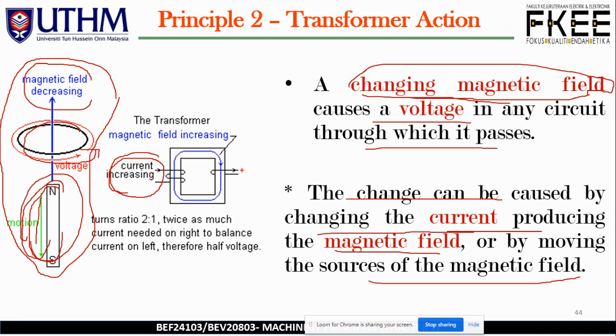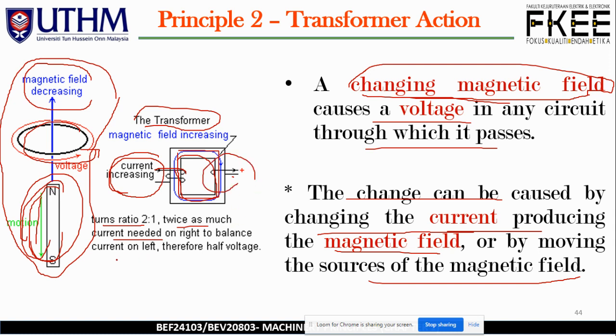Similarly, we have this rectangular type of core. We have a coil over here, and another coil on the opposite side. This is called a transformer, with the magnetic field increasing. The turn ratio is 2:1, so twice as much current is needed on the right.